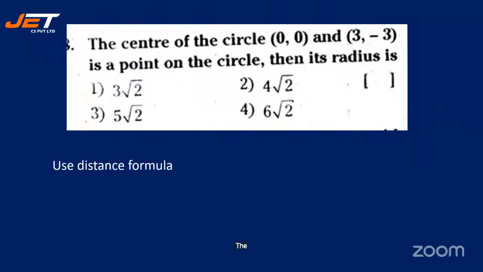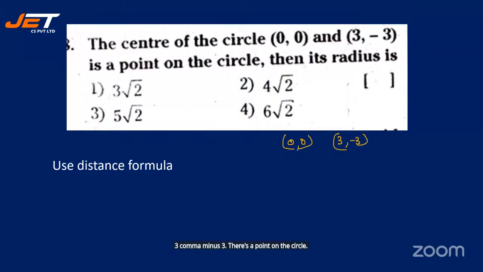The center of a circle is 0 comma 0 and 3 comma minus 3 is a point on the circle. Then what is the radius? So the center of the circle is 0 comma 0, and 3 comma minus 3 is a point on the circle.